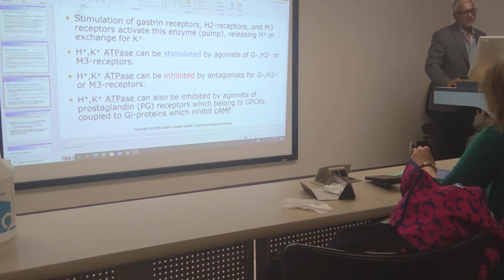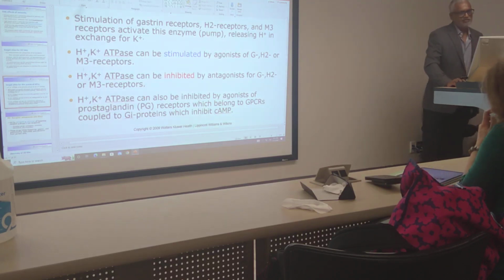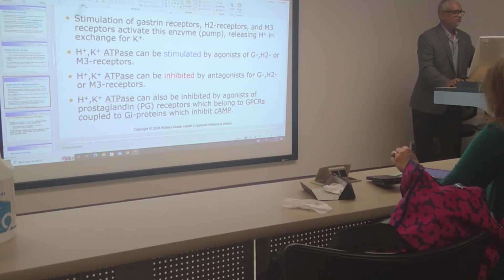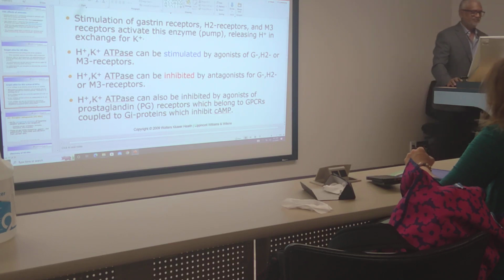And the proton pump can be activated by gastrin, histamine, or acetylcholine with respective receptors: gastrin receptors, histamine receptors, and the M3 receptors.